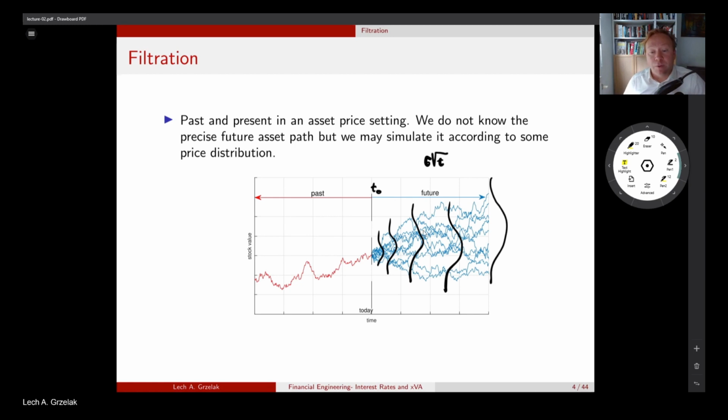And of course, often these distributions that we have here, we have two options for how to estimate them.